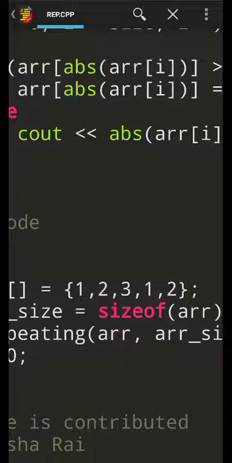Now on the fourth iteration, we are reading the value of 1 and taking its absolute value, which is 1, which we now use to index into its own self, pointing to 2. But since 2 is already negative, that is the signal that 1 has repeated.